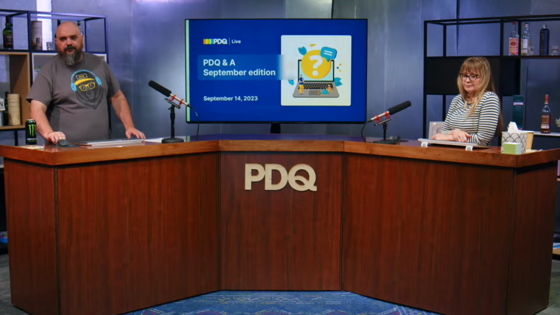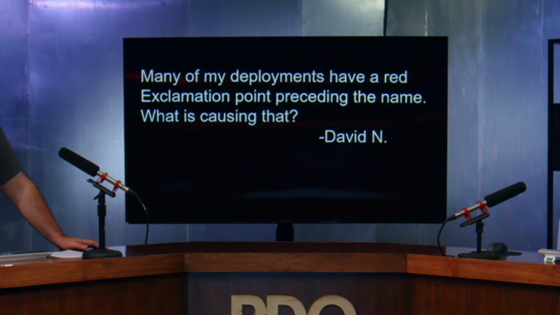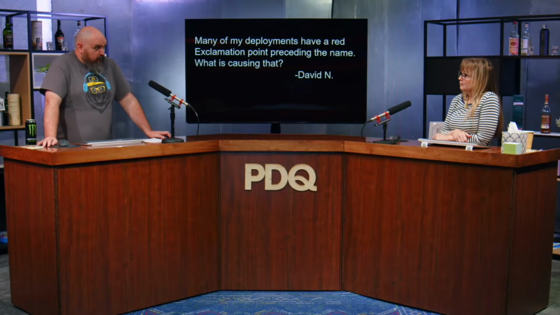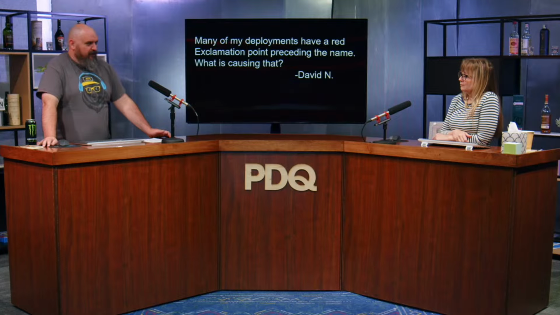All right. New question. Many of my deployments have a red exclamation point preceding the name. What is causing that? David N. There are many possibilities for that one, but the red exclamation point means there is something that the package can't resolve. Most often, the file or the executable you're pointing to was moved or deleted.